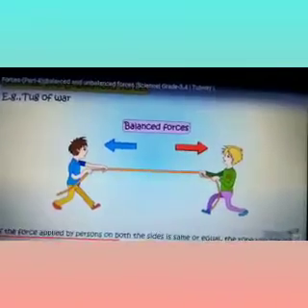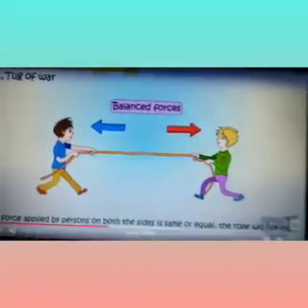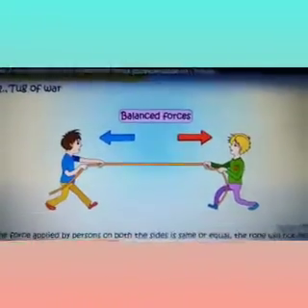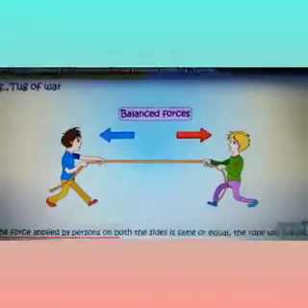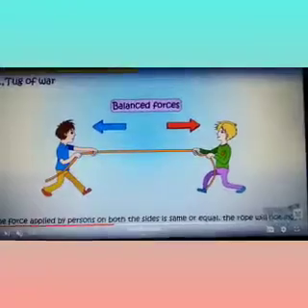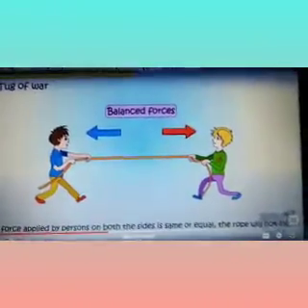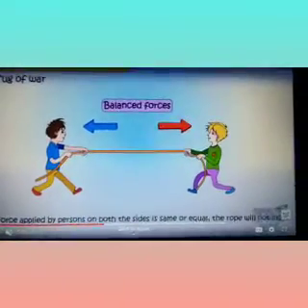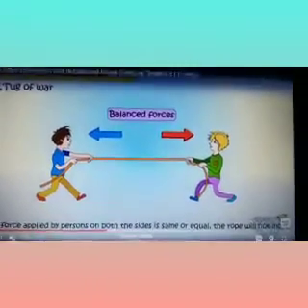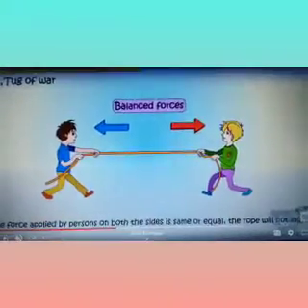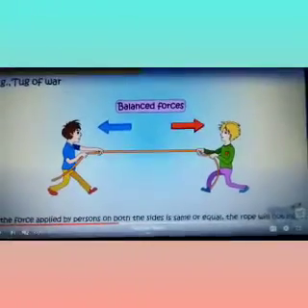That means both the teams are applying the equal amount of force, which is not making the rope move. And suddenly one team applies more force, unbalanced force, so what happens? The rope moves and that team wins. The team that applies more force wins. So for playing tug of war, you need unbalanced force.